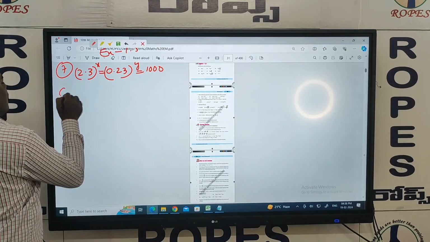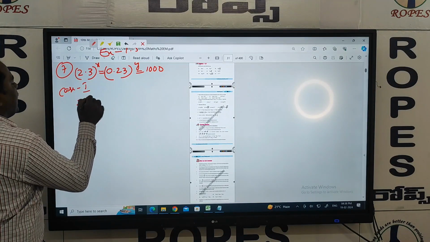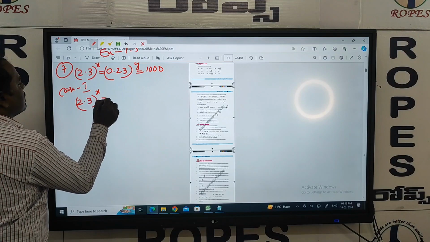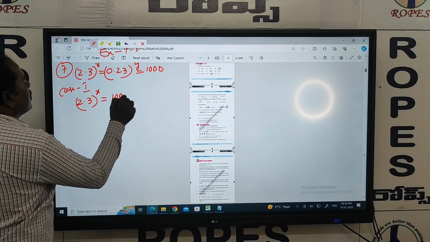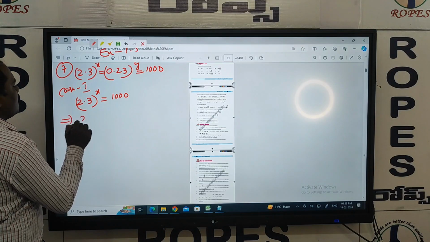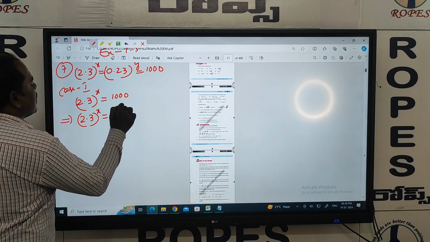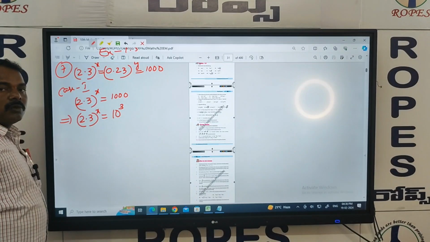Now first, in case 1, 2.3^x = 1000. From this, we can write 1000 as 10 cube.